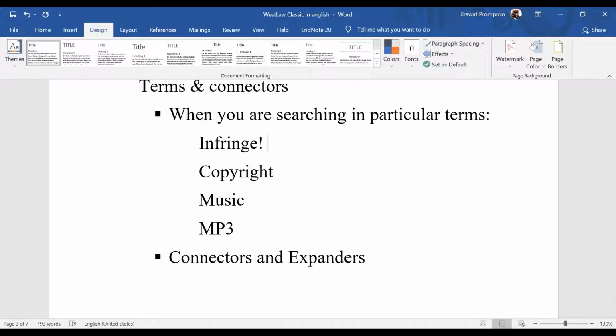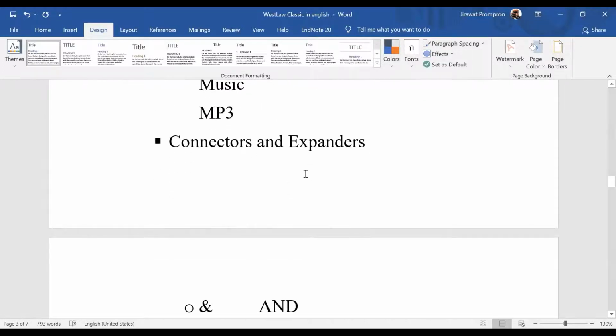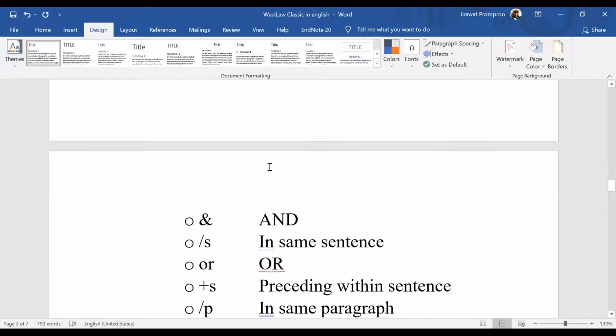And now there are four key terms, four concepts. How do you connect each term with your search? So you need a connector. Westlaw provides you the basic connectors.